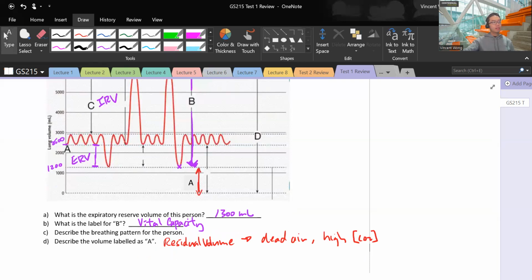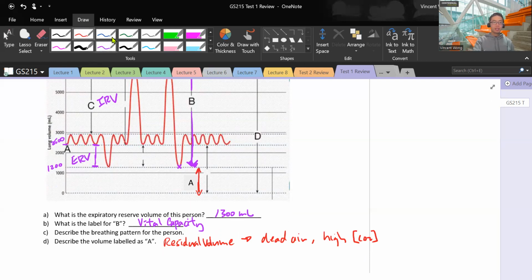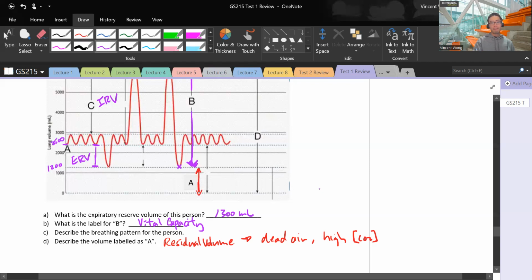Very high concentration of carbon dioxide, not used in gas exchange. What condition would cause the residual volume to increase? Anyone remember? We learned that last week. Yeah, emphysema, that's right. And some people say COPD. That's also correct, because COPD includes emphysema.